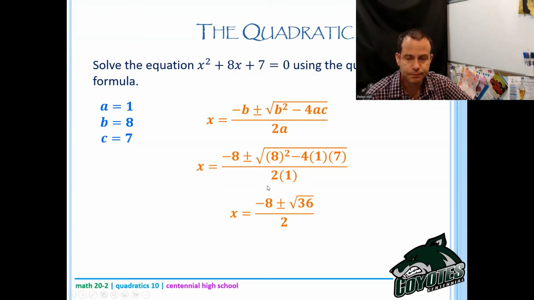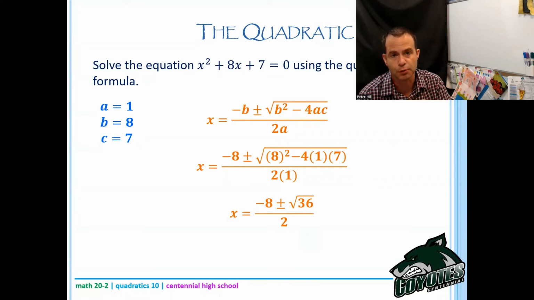All right. This now splits into 2 different answers. But take note, you know the root of 36. The root of 36 is 6. So what I end up having is negative 8 plus 6 all over 2. That's one answer. Negative 8 plus 6 is negative 2, and negative 2 divided by 2 is negative 1.